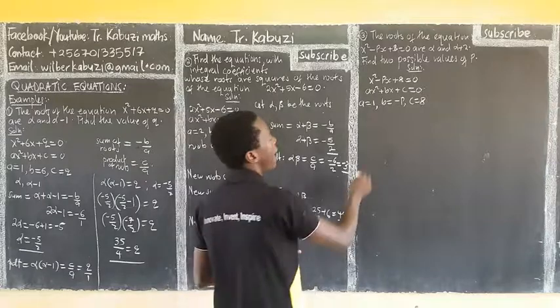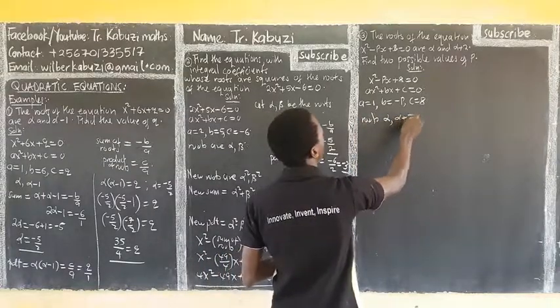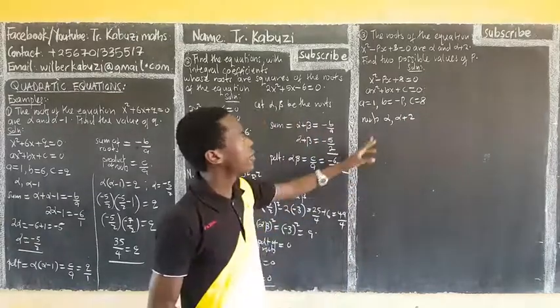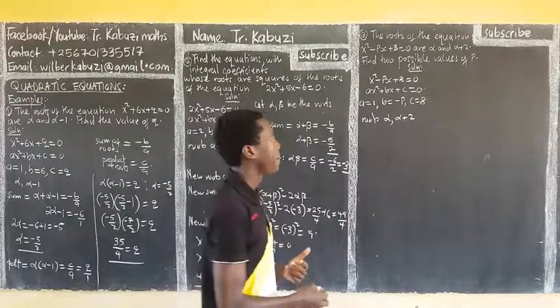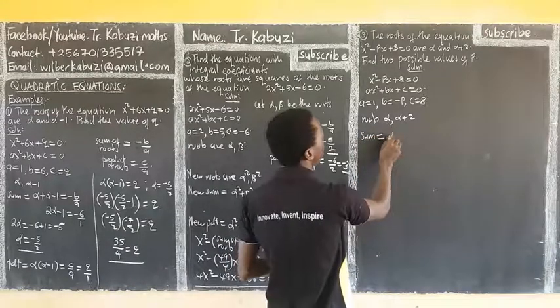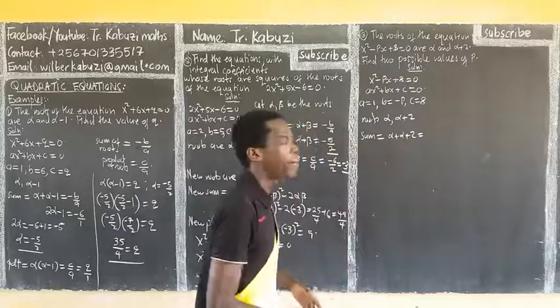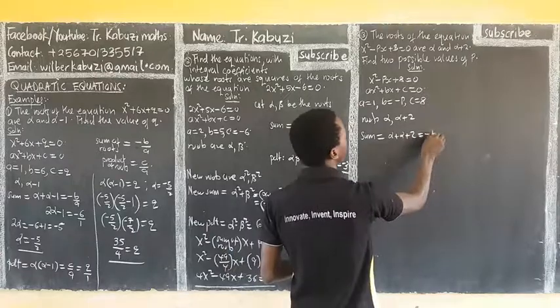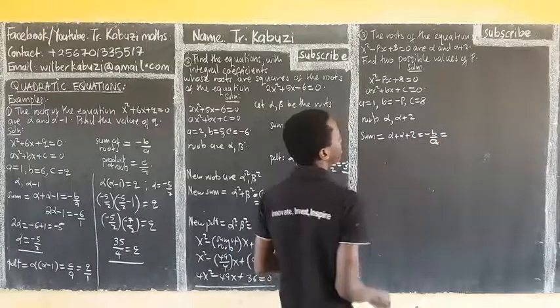Now, the roots we have are alpha and alpha plus 2. So these are the roots I have for this equation, meaning I have to get their sum first. When I sum these two, the sum will be 2 alpha plus 2. But the sum of roots is given by negative b over a.